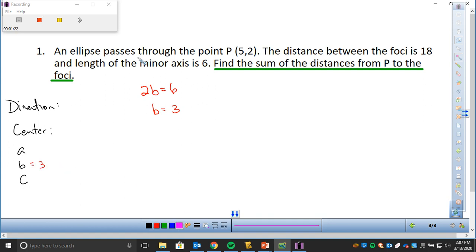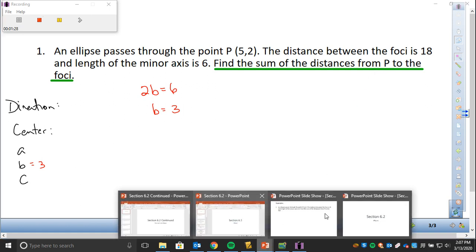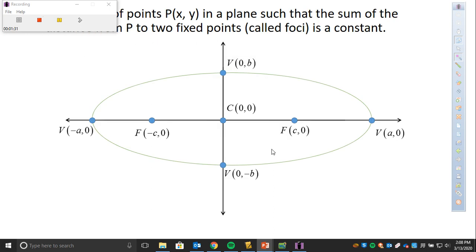What we also know is that the distance between the foci is 18. I'm going to go back to the PowerPoint from the previous day, where we talked about how the distance from the center to a major axis vertex is a, the distance from the center to a minor axis vertex is b, and the distance from the center to a focus is c.